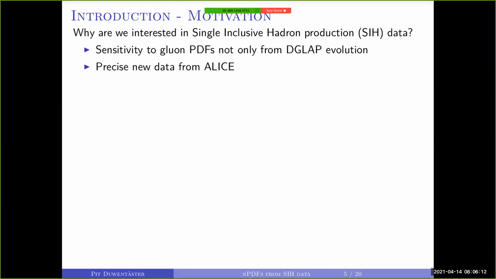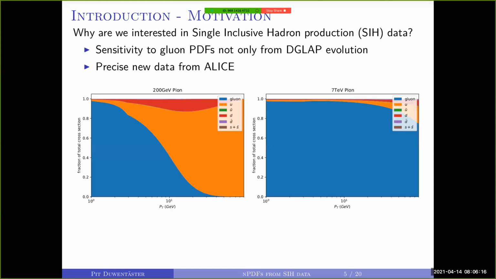To show you how sensitive this process is to the gluon PDF, I have these two plots, one at RHIC energy and one at ALICE energies. Each color represents the fraction that is contributed in a proton-lead collision producing a pion by each of these PDF flavors.